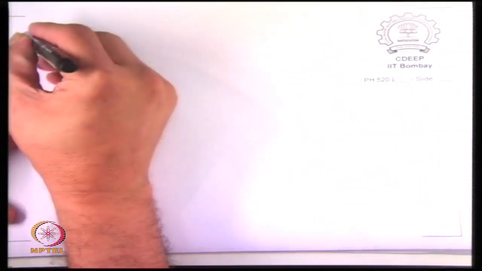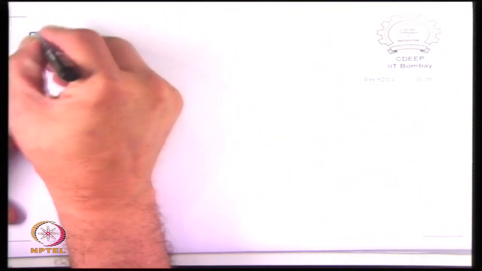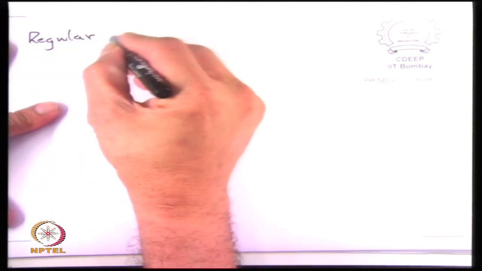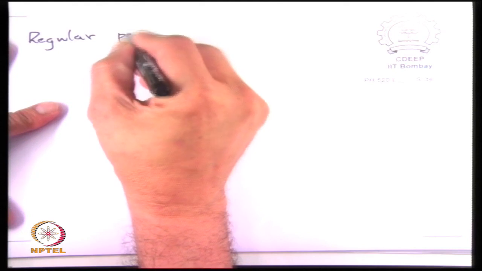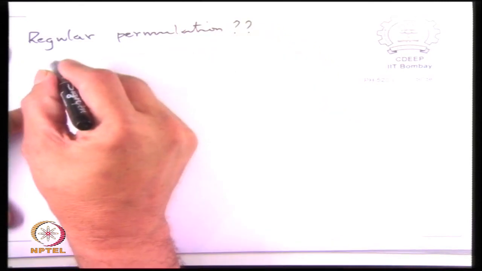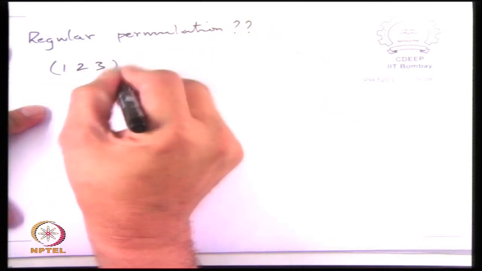So check this particular regular permutation. I am not completely sure, so I will just check it in front of you. So I have 1, 2, 3 and then 4, 5.